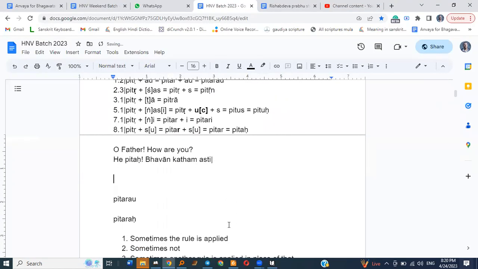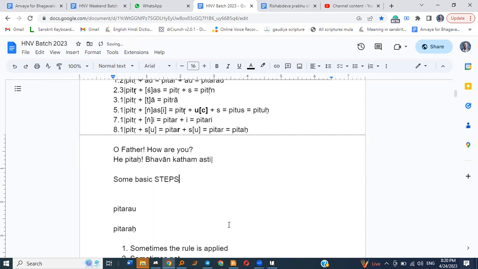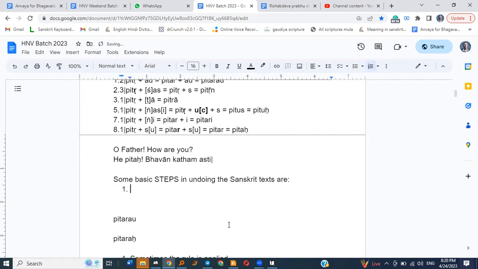This is the step in understanding Sanskrit texts. What are the steps? Some basic steps are: first of all, reading and assimilating the text itself.